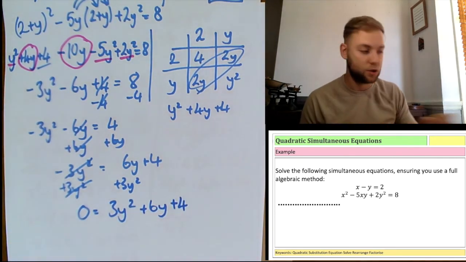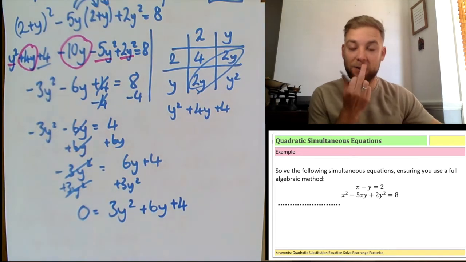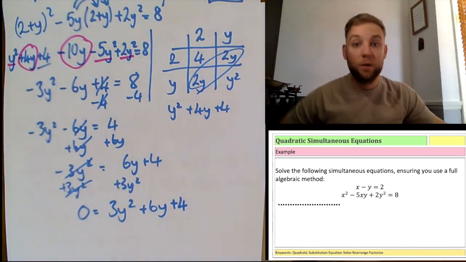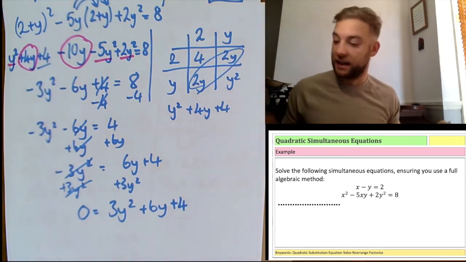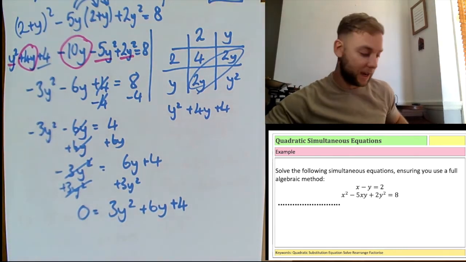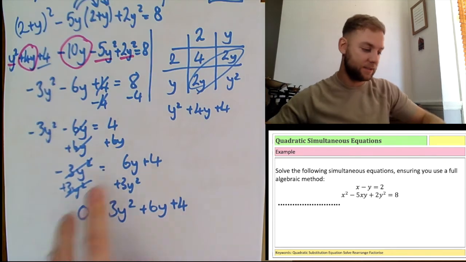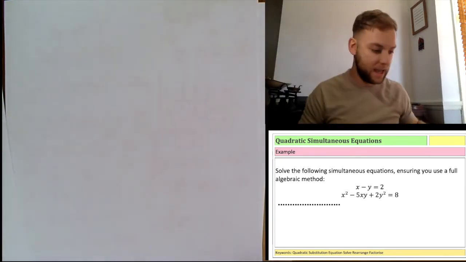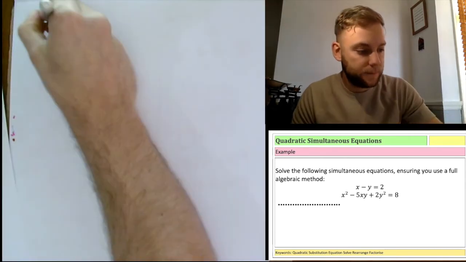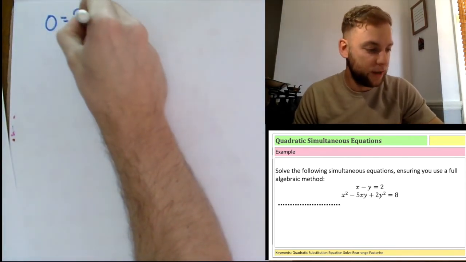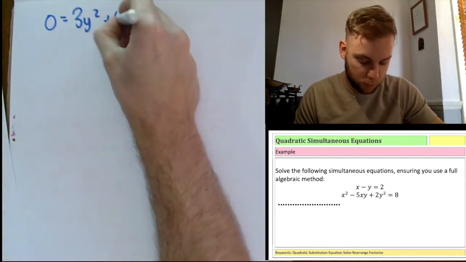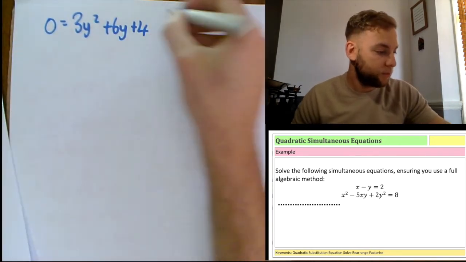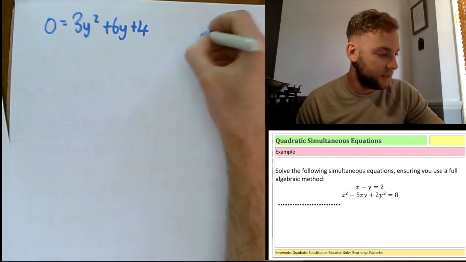Super. So, am I going to be factorising this, or am I going to be using the quadratic formula? So notice that it doesn't say it to 2 decimal places, and again I actually know that this one comes with a non-calculator paper, so I'm going to be factorising this. Okay, so 0 is equal to 3y squared plus 6y plus 4, like so. 3 times 4 is 12 in this case.